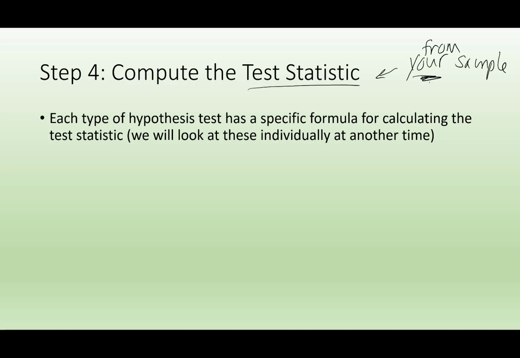We compute the test statistic from the sample that you take. Since we're just doing the basics of hypothesis testing right now, we aren't actually going to look at the different formulas we use because each type of hypothesis test has a specific formula used to calculate the test statistic. So when we go over each of the different hypothesis tests individually, that's when we will look at those formulas.